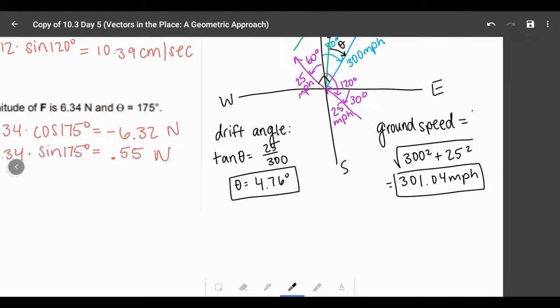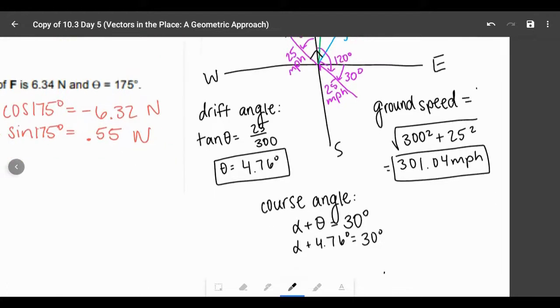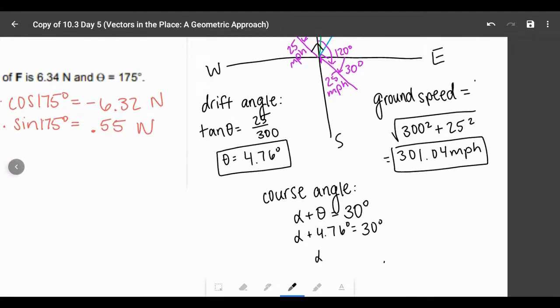So we can say for our course angle that alpha plus theta should equal 30 degrees. And we already found theta to be 4.76 degrees. So our course angle should end up being 25.24 degrees.